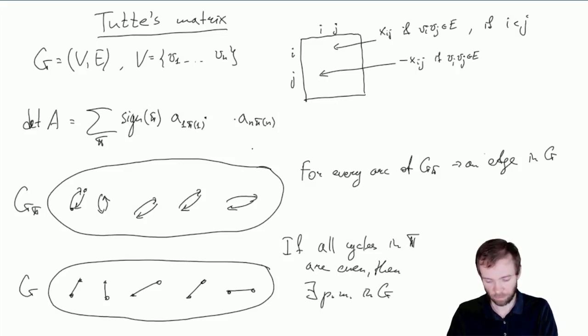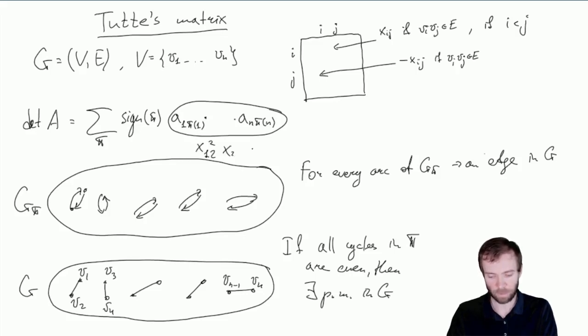Just as an example, if we have a matching of edges from V1 to V2, from V3 to V4, and so on to from V_{n-1} to V_n, then the corresponding term here would be equal to x12 squared, x34 squared, through x_{n-1,n} squared, with some sign, of course.